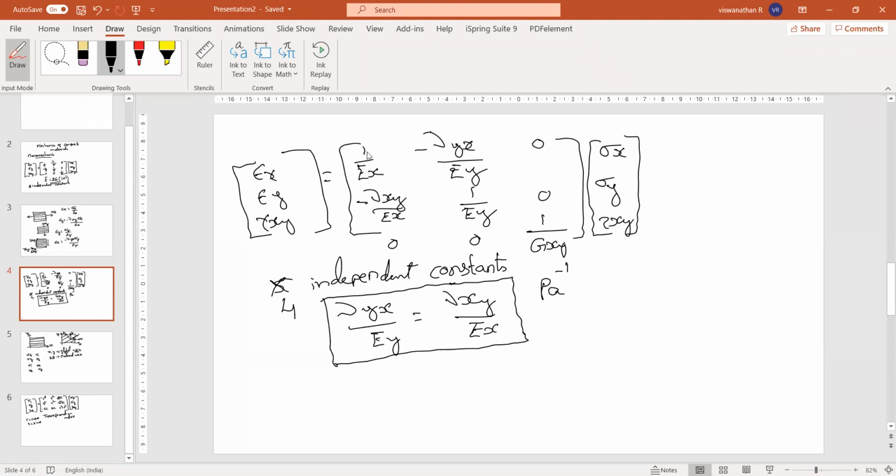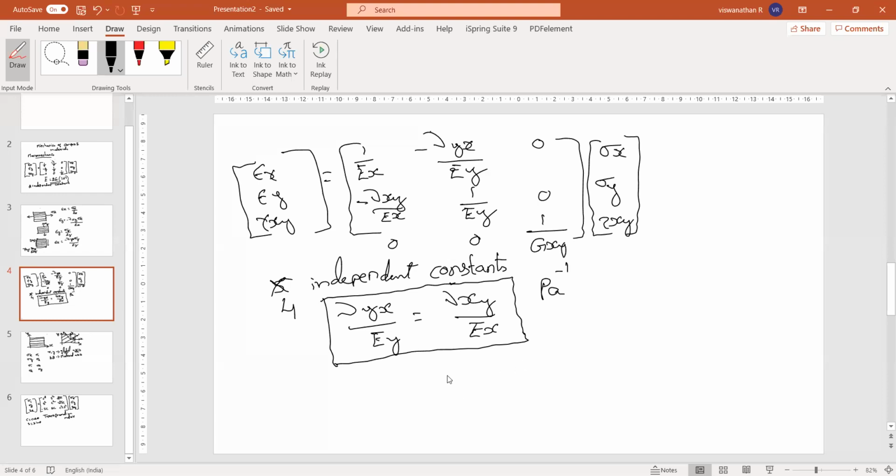Now this is 1 by E. So what should this matrix be called? What is the opposite of stiffness? Flexibility.